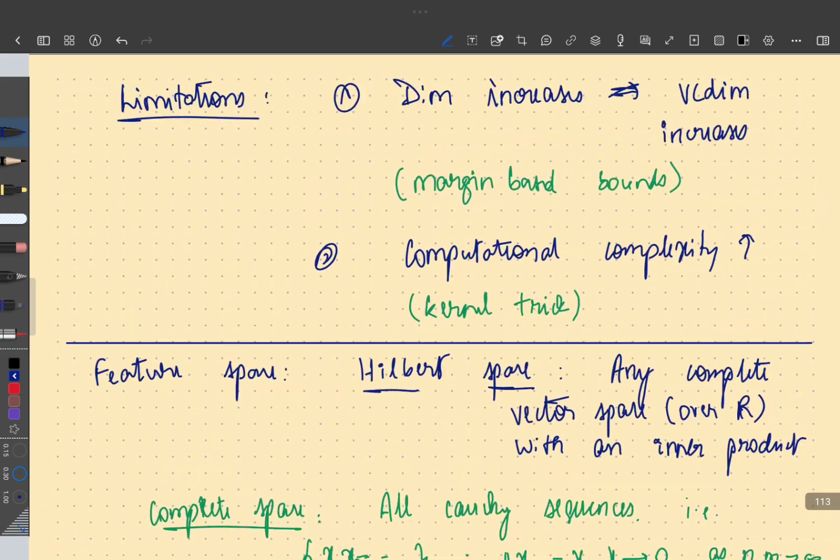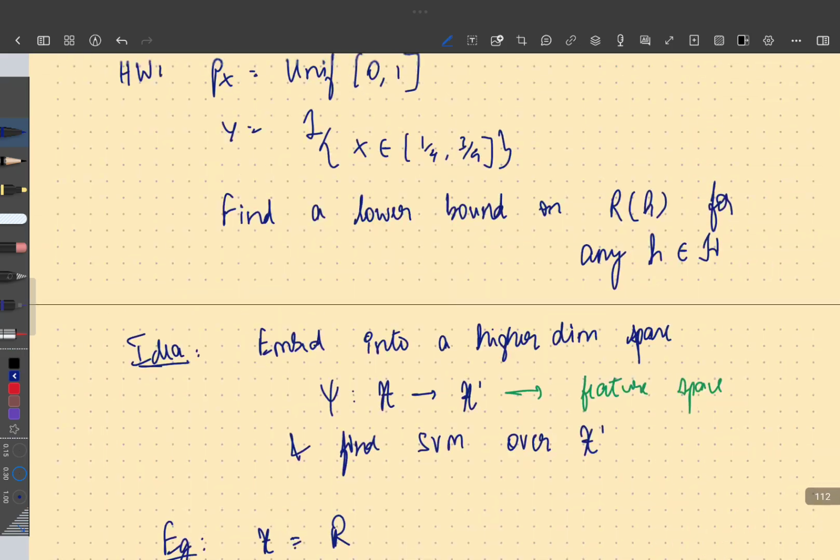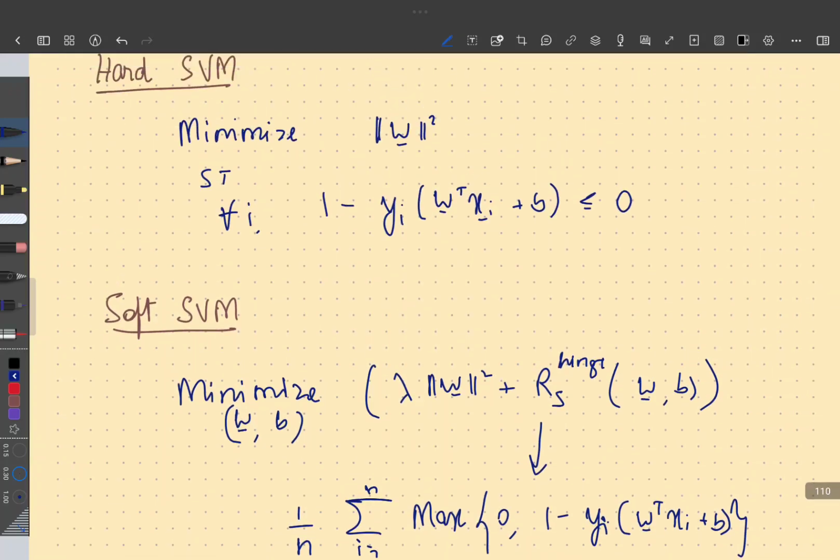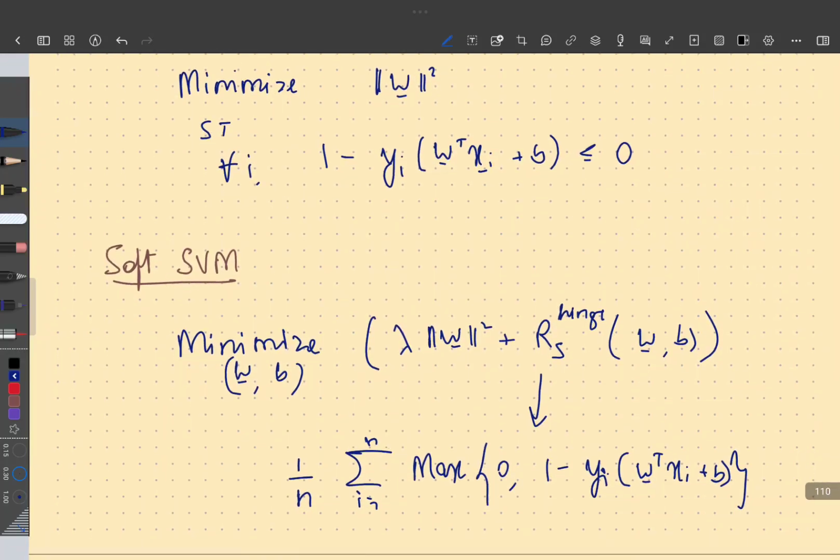That is, we don't really worry about the embedding itself. Because if you think about it, the high level intuition is that if you look at the objective function as well as some aspects of the algorithms that were used in the hard SVM and soft SVM classifiers, everything just depends on inner products between points.